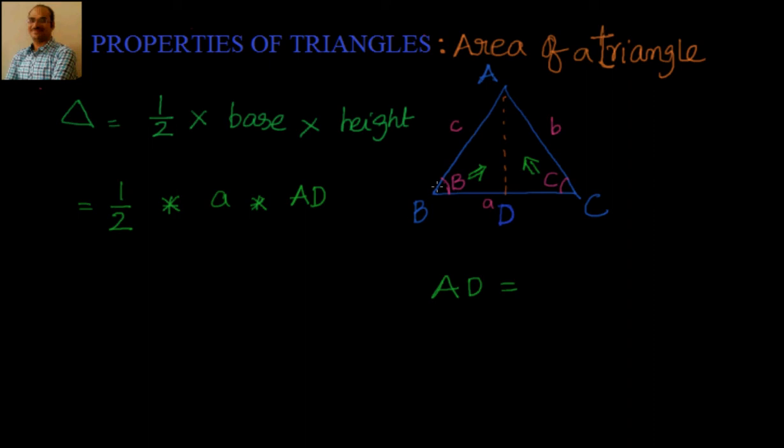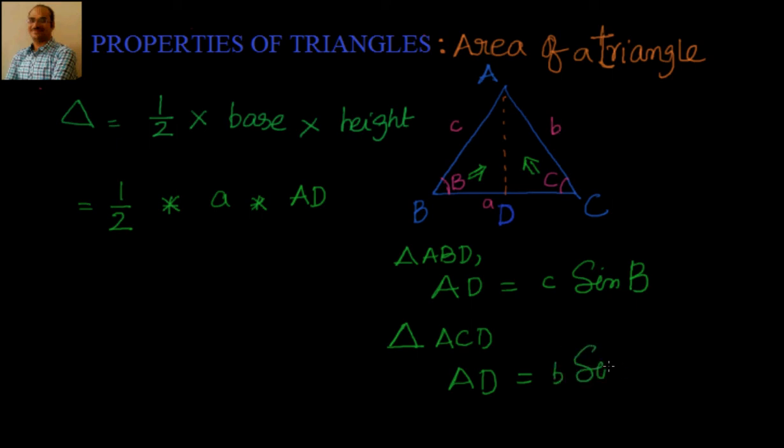If I look at triangle ABD, where I have angle B, sine of angle B equals AD divided by c, so AD equals c sine B. If I take triangle ACD instead, sine of C equals AD by b, so AD equals b into sine of C. So I can write the area as half of a c sine B, or also equal to half of a b sine C.